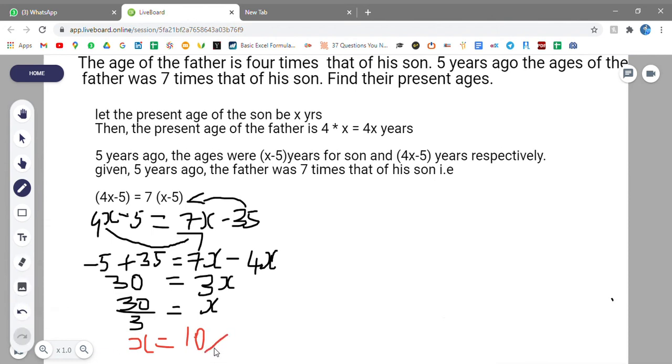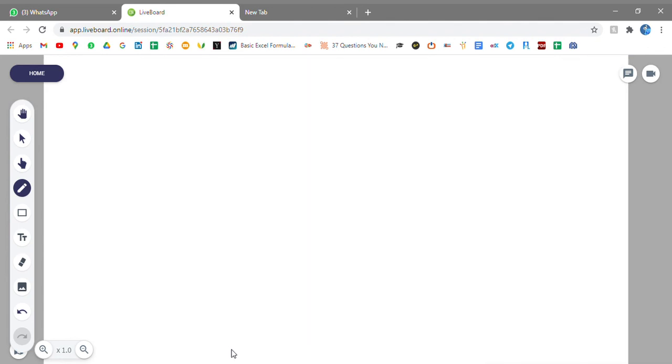Now we have to define the age of the father as well as the son. As per the problem, we had defined the present age of the son to be x years and the father to be 4x years.